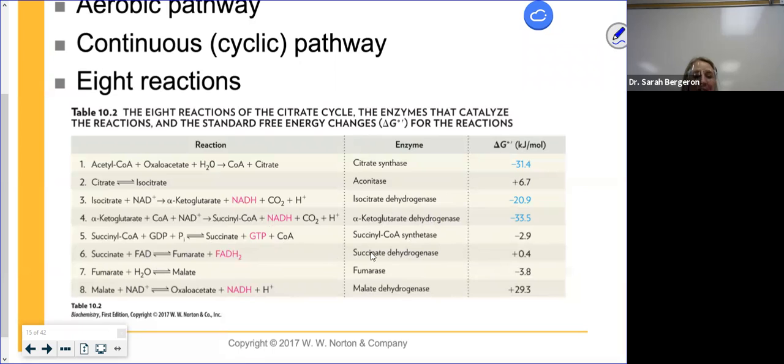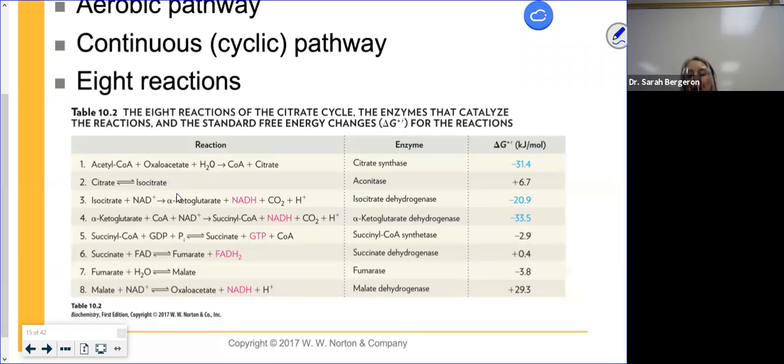Okay, so after succinate dehydrogenase, we make fumarate, we convert fumarate to malate. Then once we have malate, we convert malate to oxaloacetate. Where does oxaloacetate go? Back to the beginning. That's why it's a cyclic pathway, because this end product is also an initial substrate.